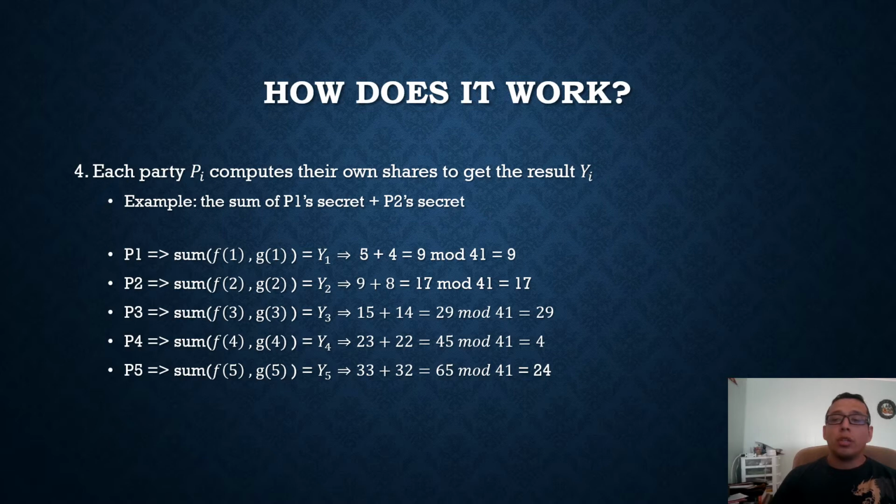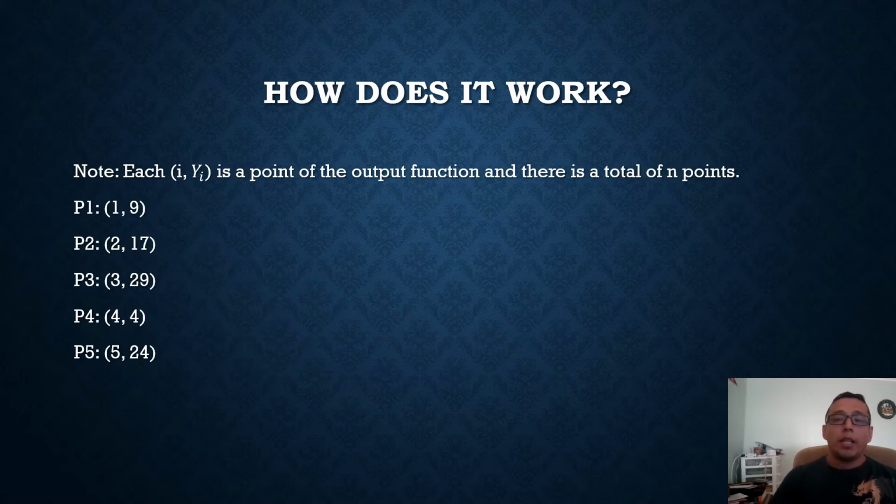Of course, they have to mod it, reduce it to be inside the finite field, and we will get 5 Ys. Each party will have a Y.